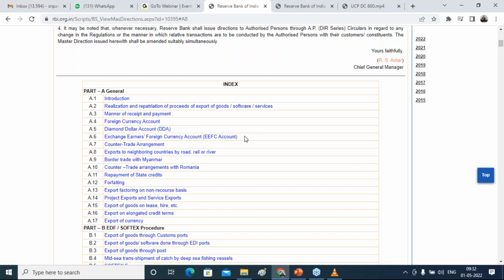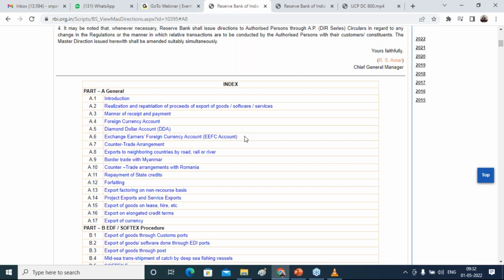Whenever we make an export, the payment in foreign currency is converted into Indian currency, and the conversion rate will be different. For example, at present 76 is the rate. If you export $1, you will get 76 rupees.